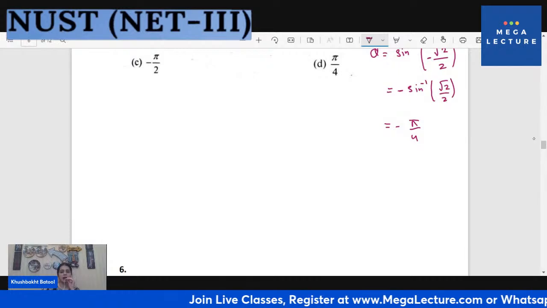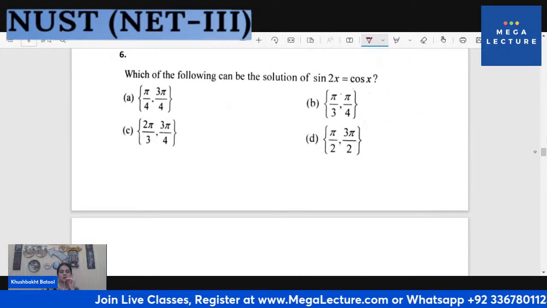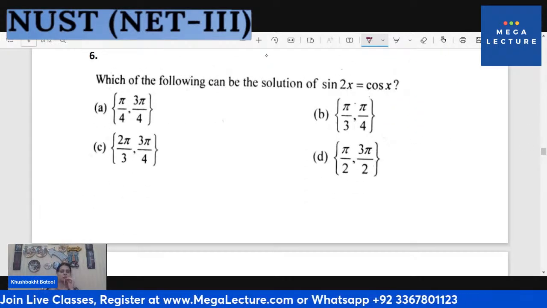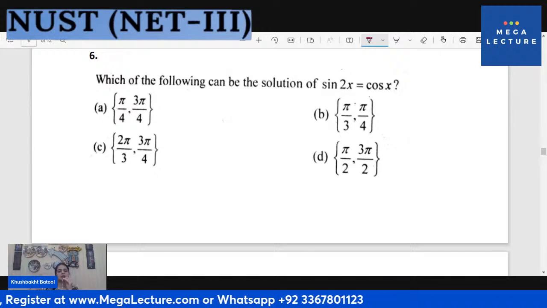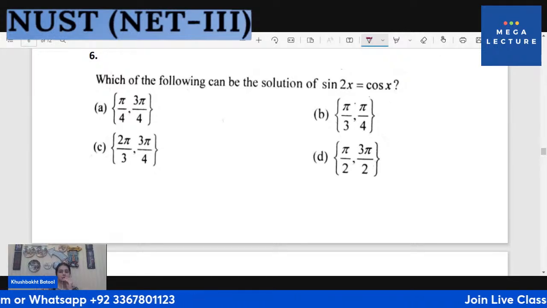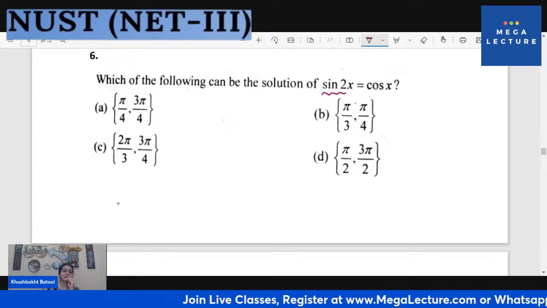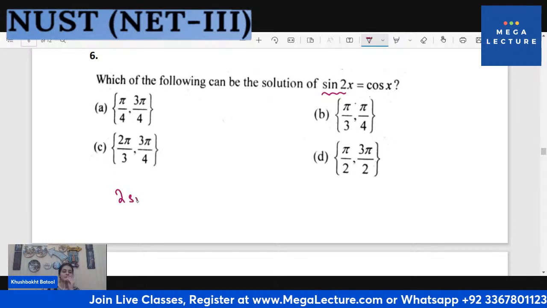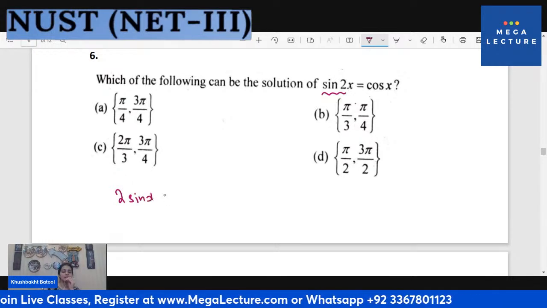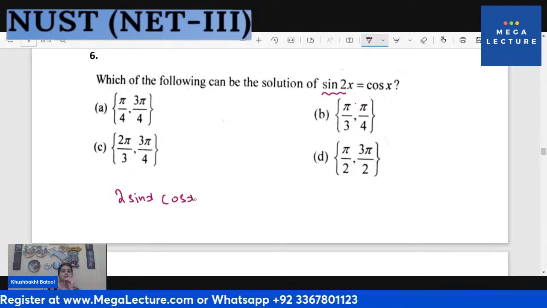I need to solve this equation, and I've been telling you guys you need to make sure that in any trigonometric equation, your trigonometric function should be same, so you are able to simplify it. Now I know that sine 2x can be written as 2 sine x cos x equals cos x.